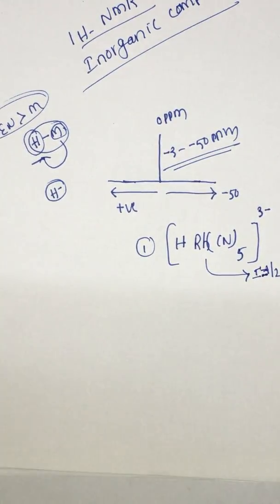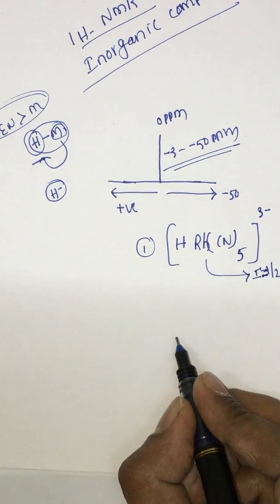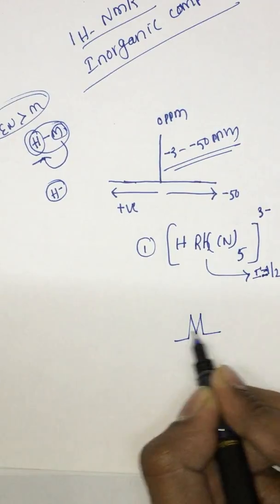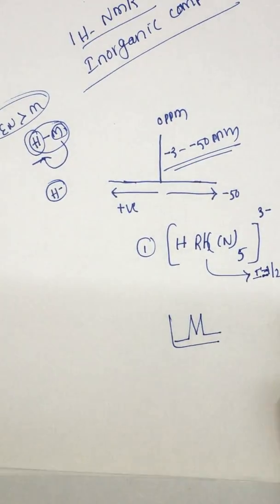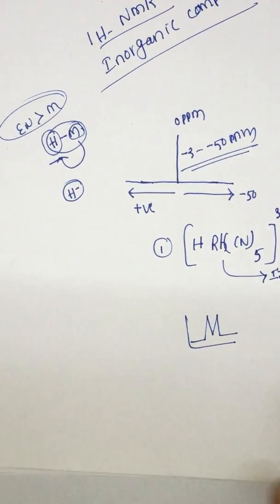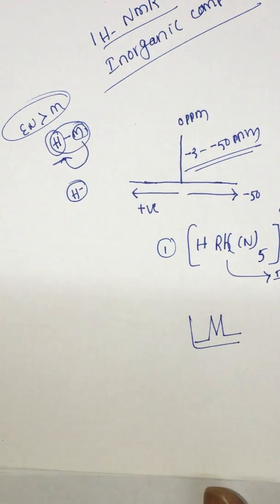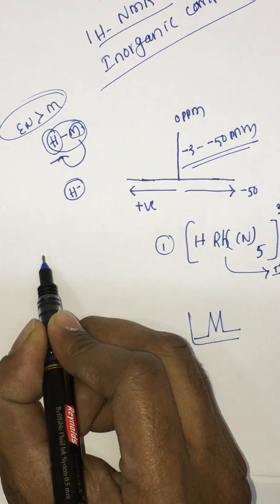Now if we see the NMR spectrum of this complex, we'll get a doublet. How did that doublet arise? Here only one hydrogen is there, and there is no other hydrogen, so we get only one peak for the one hydrogen.